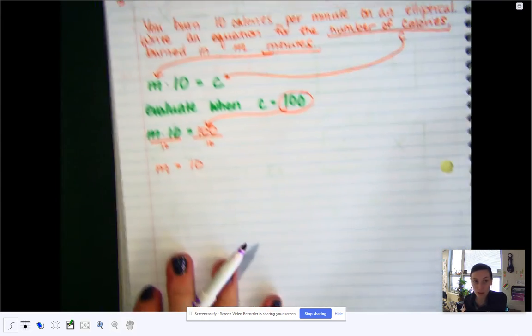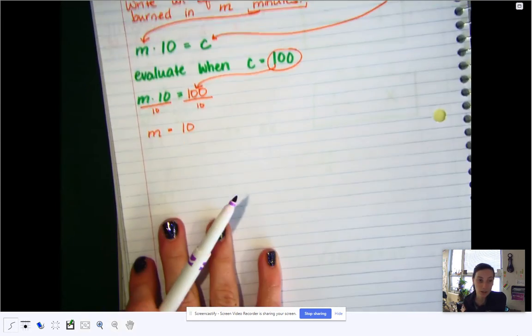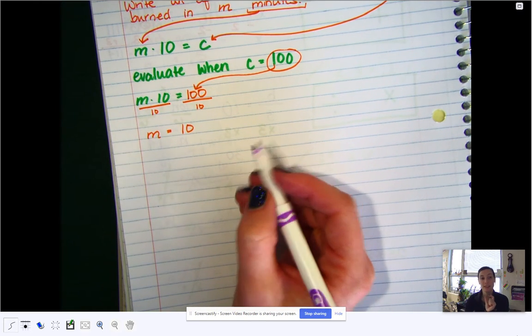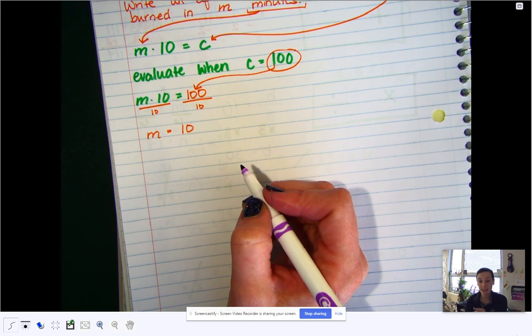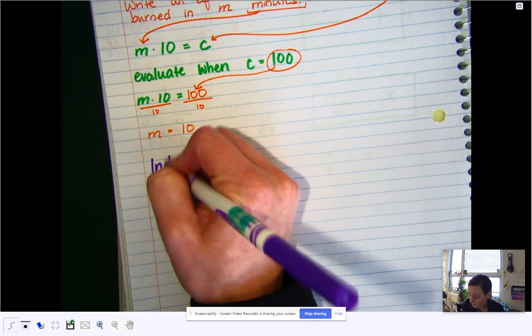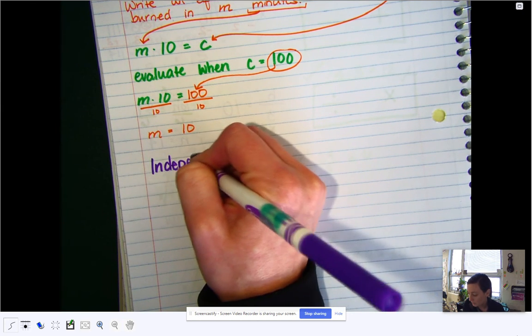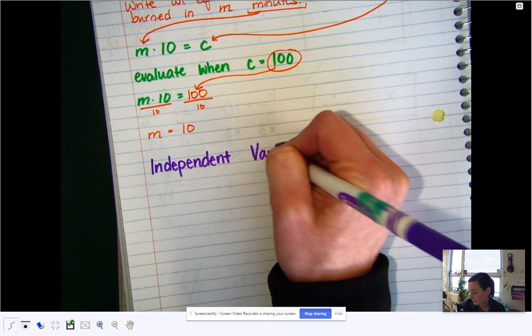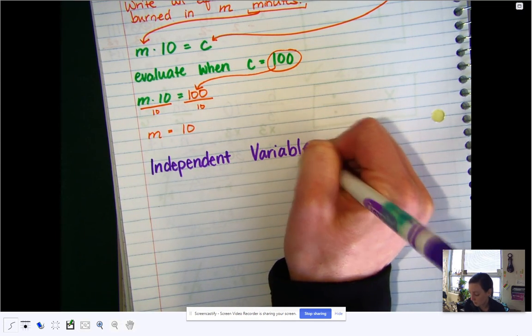The other thing to know is two variable equations always have a variable that can be manipulated and a variable that can't, that just is what it comes out to be. So these are the independent variable and the dependent variable.